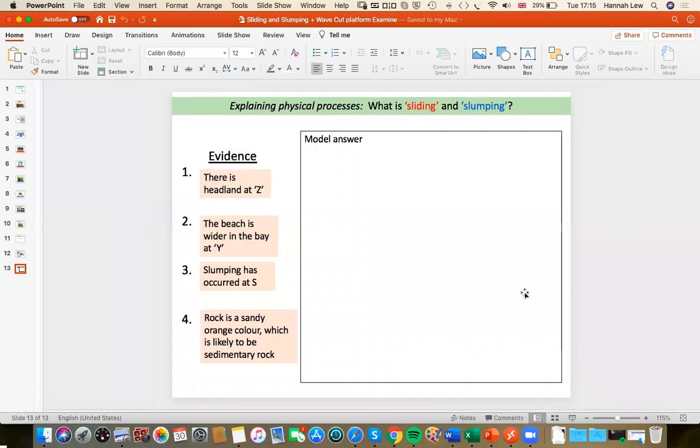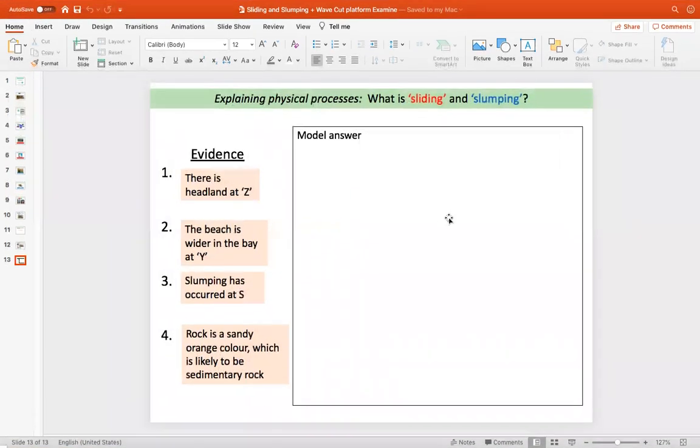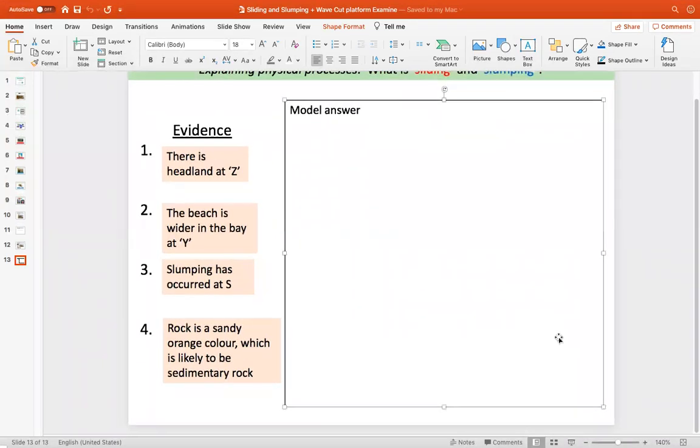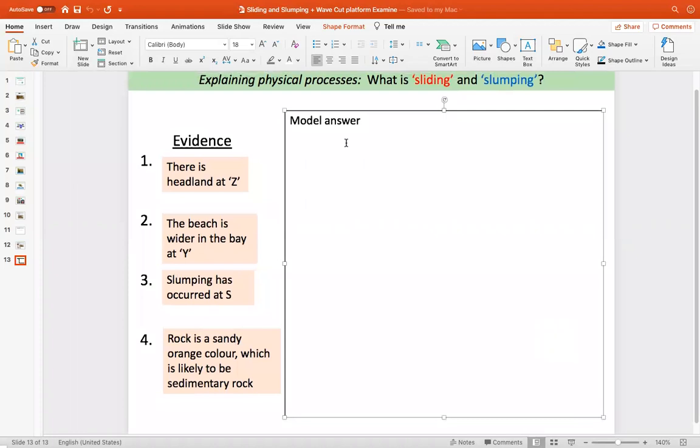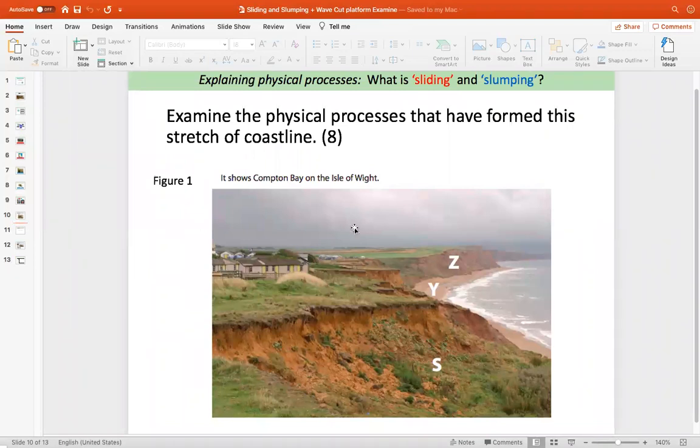Let's zoom in a little bit. Now, we need to explain the physical processes that have formed this stretch of coastline. So you're essentially explaining, why does it look the way it does in this photo?